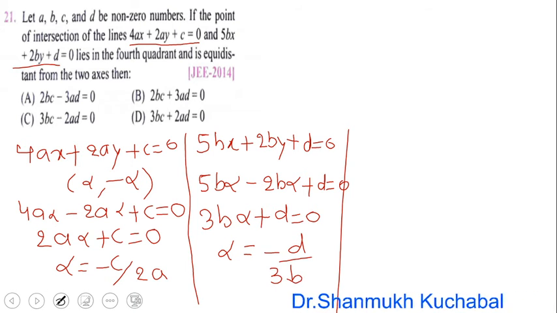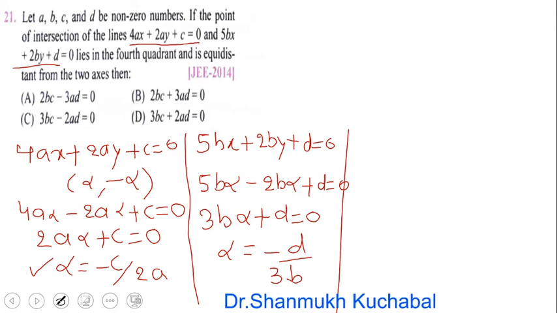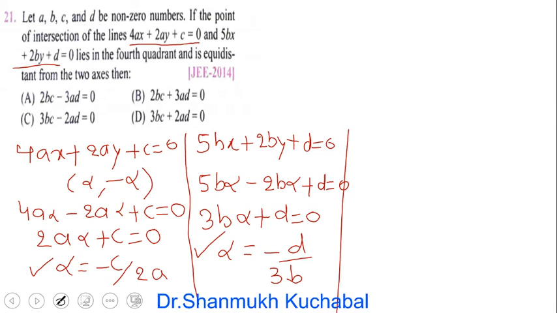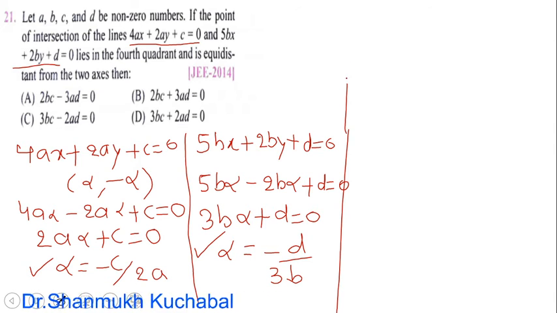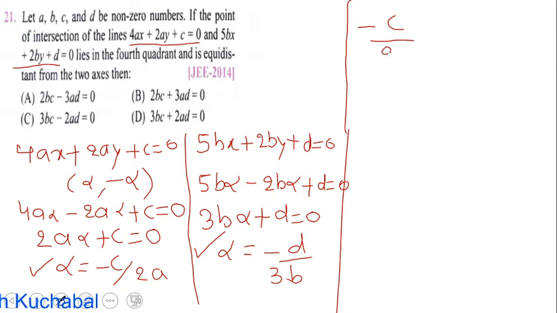Then we observe that both equations have the same LHS, so we have to equate the RHS. So we get minus c by 2a equal to minus d by 3b.